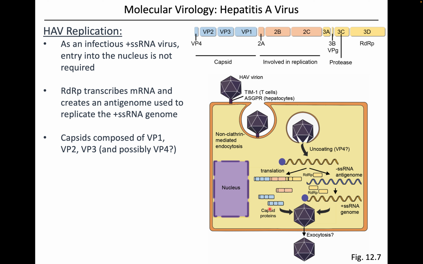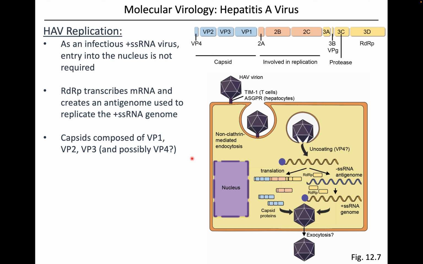Once we produce capsid proteins and those positive sense copies, then we can form new virions. And again, we've got a question mark here in terms of how the virions are getting out, but they're suggesting possibly through exocytosis, but they don't seem to know a lot of the details on this just yet.